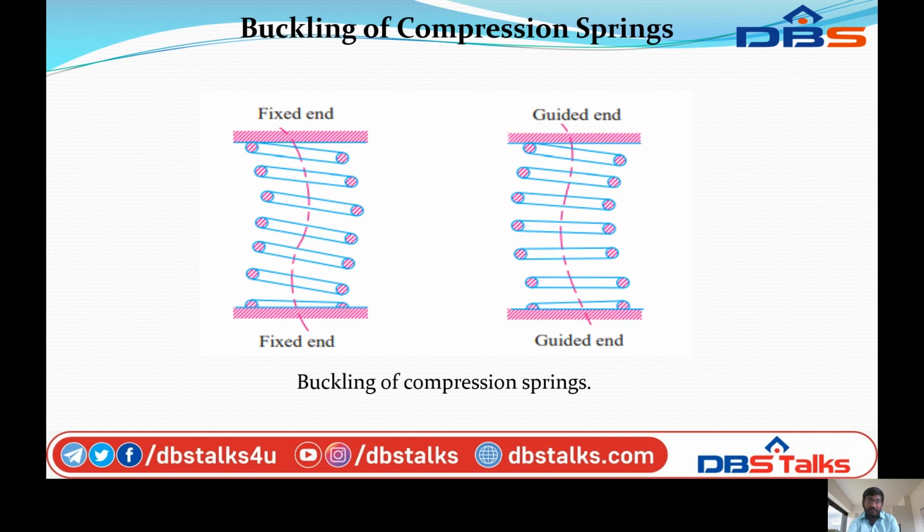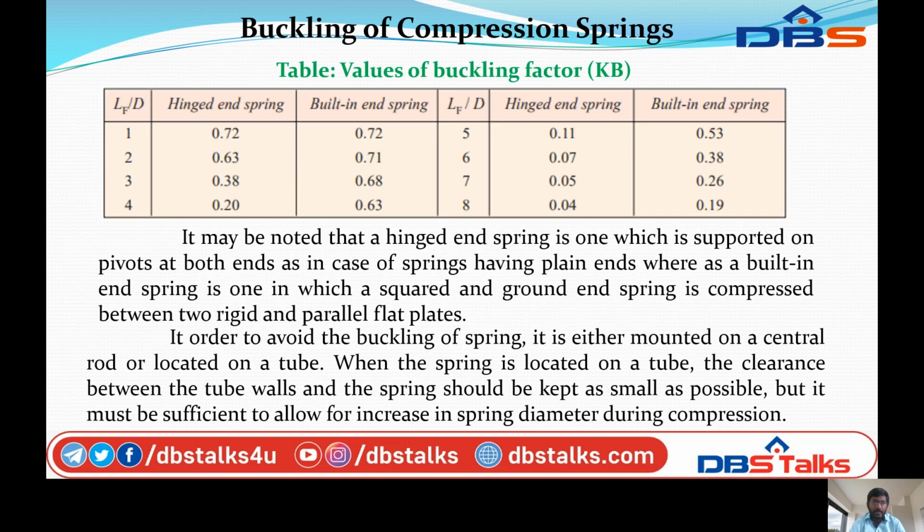In the figure, this is the free end and guided end. So buckling of compression springs: there are two figures. This is a fixed end. This is the guided end.